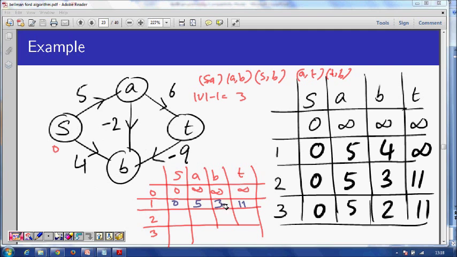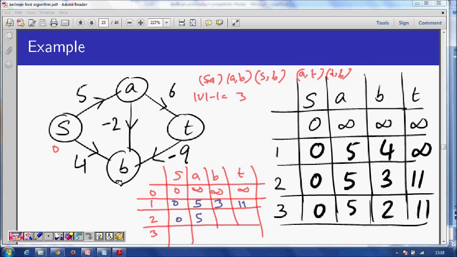Now in iteration 2, we again start with S. S is 0, A will be 5, so this is the same.